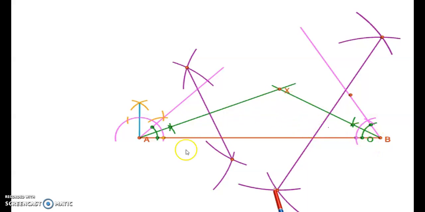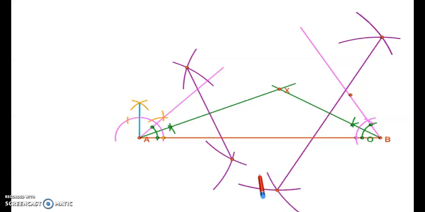Now we got 2 points here. You can see here this perpendicular bisector has intersected AB at a point. We'll be marking this point, and similarly the perpendicular bisector of BX also intersected the line segment AB at one more point. These are the points which we require to get our required triangle.